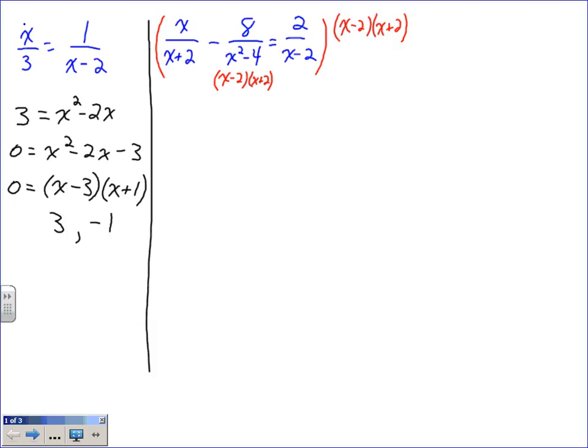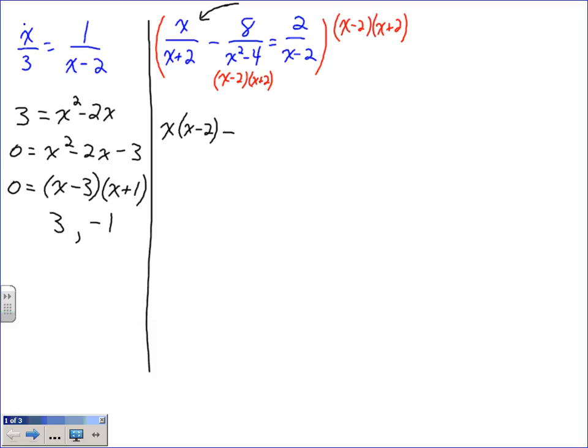Multiply by the first term here. The x plus 2's will cancel. So I'm left with x times x minus 2. Minus. In the second term, the x minus 2 and x plus 2 will both cancel.